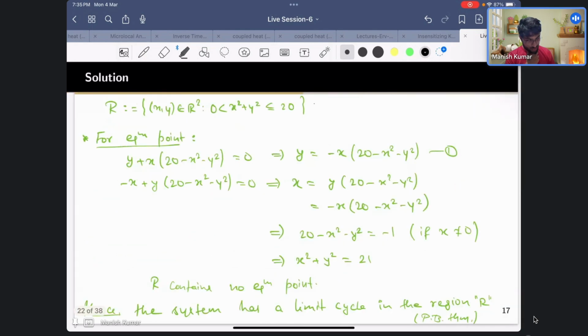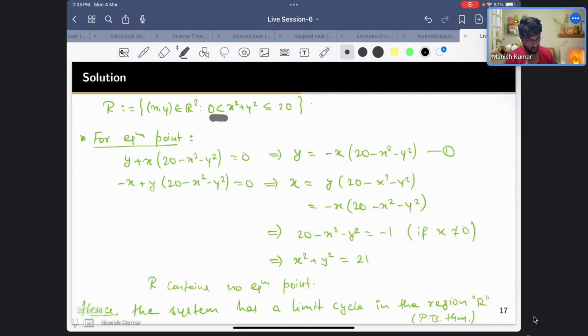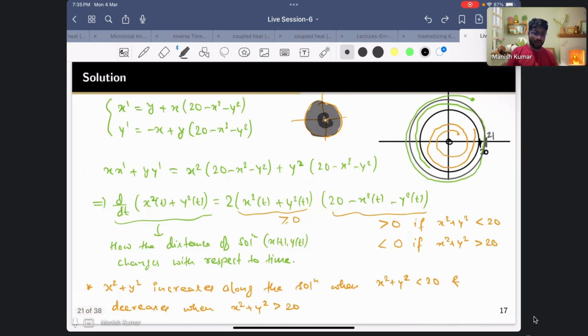So this is what R is, and this is greater than 0. So we just have to look around a bounded set, and we know, in fact, that if we choose any data which is non-zero, the solution remains in this black shaded region. So we have this bounded region where the solution stays.